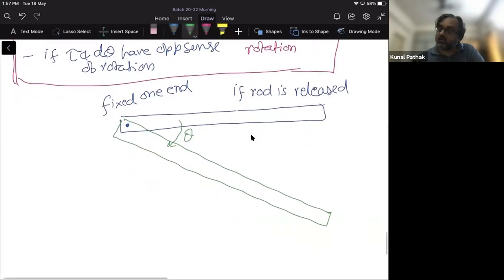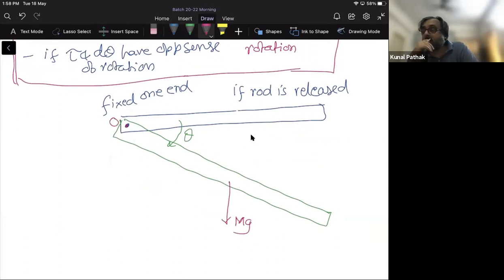So in this position, we draw the FBD of the object. mg acts from here, and some normal reaction must be acting from here. I don't care about it because I'm going to take that fixed point as the origin, and therefore the torque about that point of any other force acting on that point will be zero.